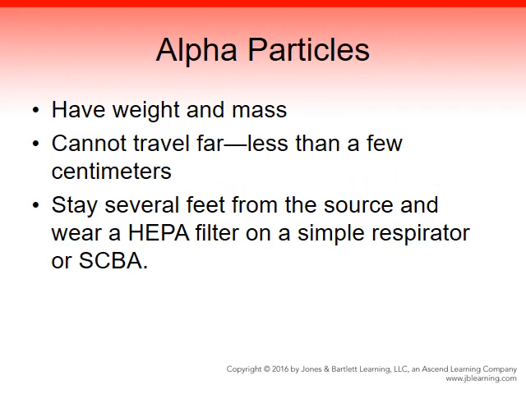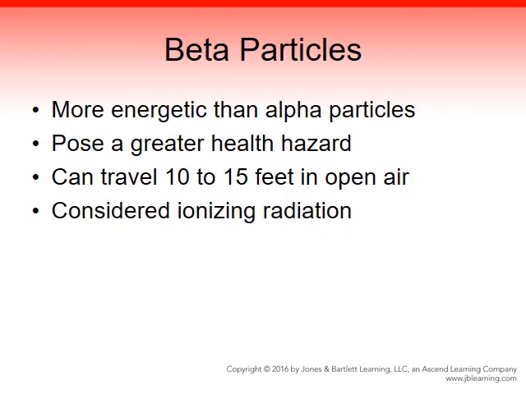Alpha particles have weight and mass, but cannot travel far at all, really less than a few centimeters. So if you stay several feet away from a source that has alpha radiation, wear a filter, long sleeves, some general clothes, or a simple respirator or SCBA turnout gear, and you'll be fine.